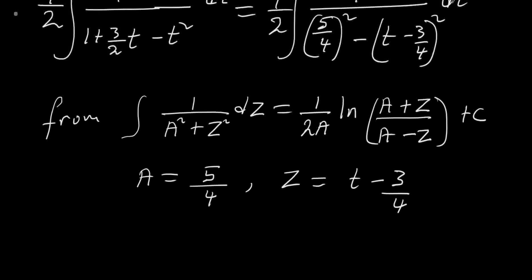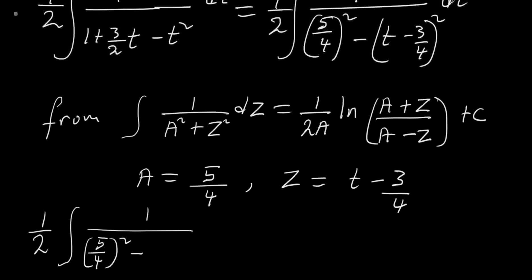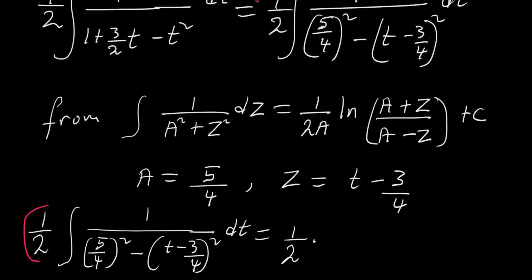Therefore, 1/2 integral 1 over 5 over 4 squared minus t minus 3 over 4 squared dt is equal to 1 over 2 times, this 1/2 is the one we have over here.